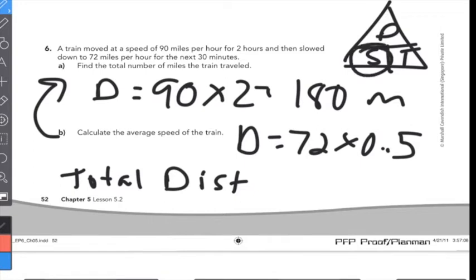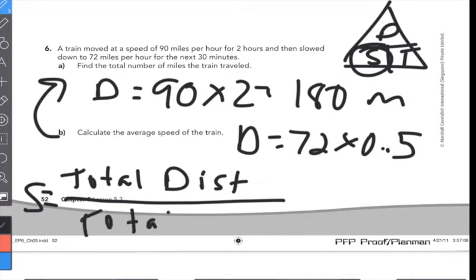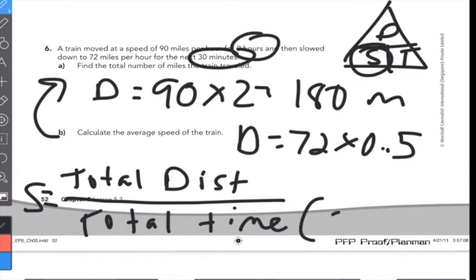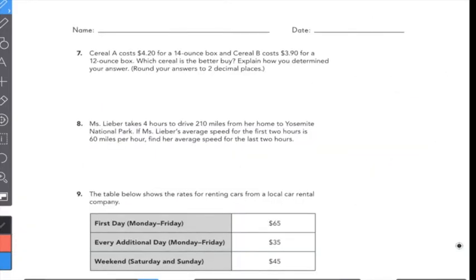It's distance divided by time, so speed equals total distance divided by total time. The total time would be 2 hours plus 30 minutes, and I'll give that to you, it's 2.5 hours. Okay, so I think the next ones you should be pretty good on.